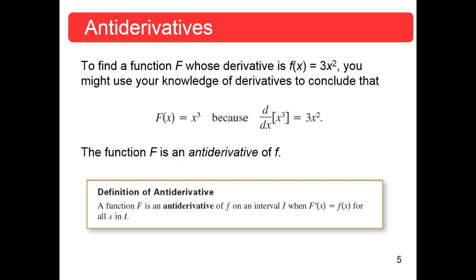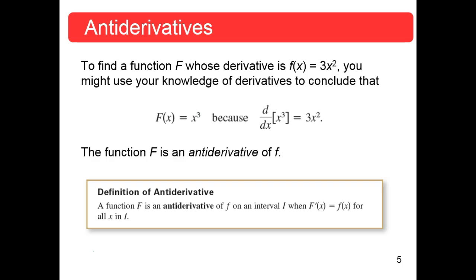Sort of backward thinking, okay? The function capital F is said to be the antiderivative of the little f. So a function capital F is an antiderivative of little f on some interval I when F prime is the little f, for all the x's on that interval I, okay? So that's how we're going to start it, the antiderivative.